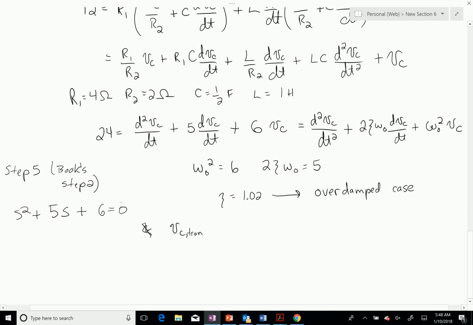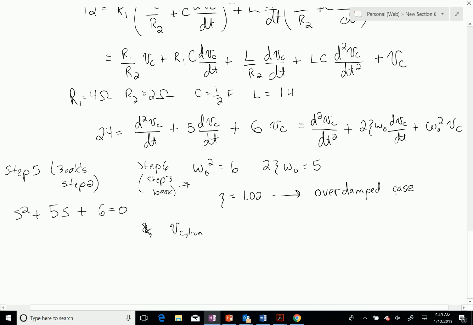So at that point, I write my differential equation. And then effectively, what I call step 6, or step 3 in the book, is to figure out whether the system is overdamped or underdamped. In this case, I look at the coefficients I've got. That means that my system is overdamped.